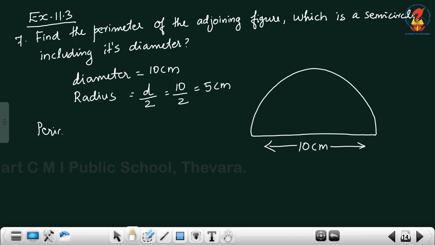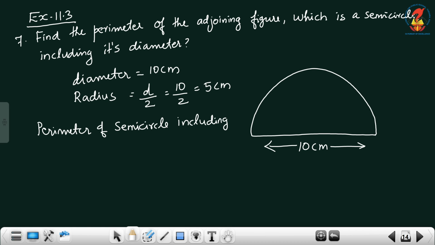Perimeter of semicircle including its diameter equal to, here for a semicircle, pi r plus diameter, pi r plus d.